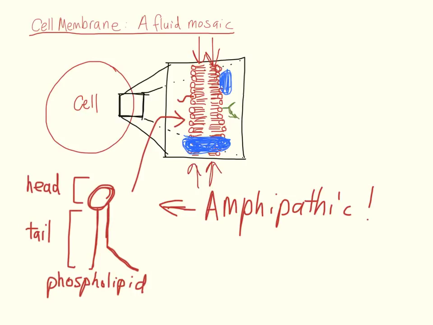Other components of the cell membrane will also be amphipathic. For example, look at this integral protein right here. Well, the ends of the protein have to be hydrophilic, and the insides have to be hydrophobic, as you know, the inside has to be comfortable being next to the hydrophobic tails of the phospholipid bilayer, and the two ends have to be comfortable being close to the heads and being close to the aqueous environment.